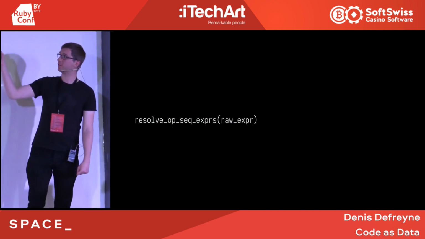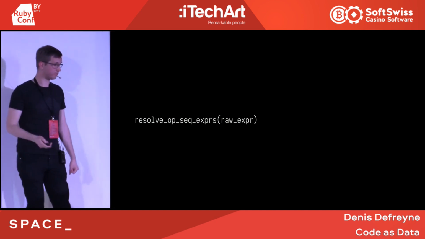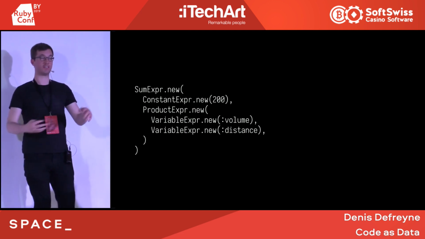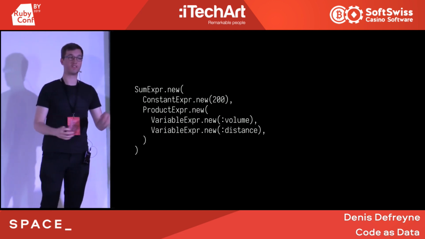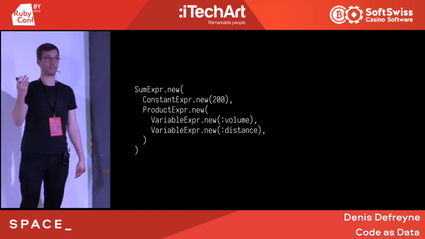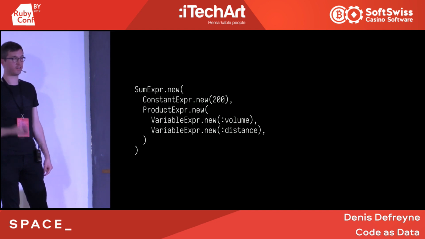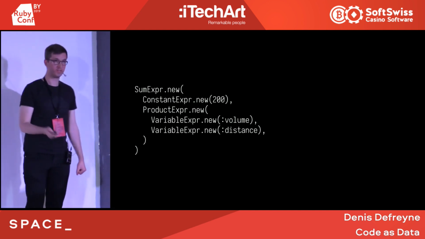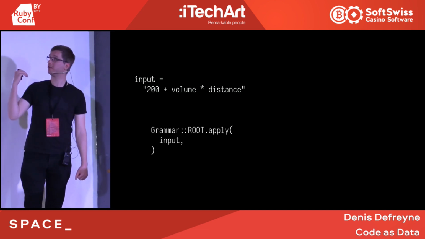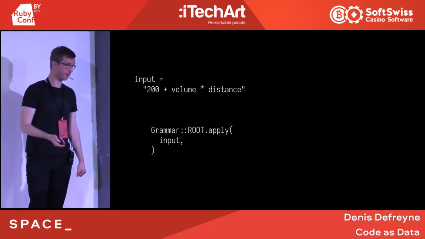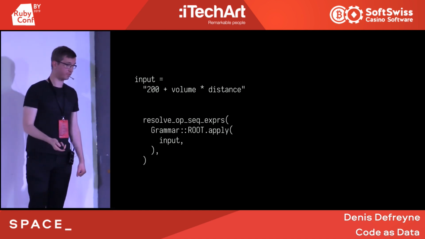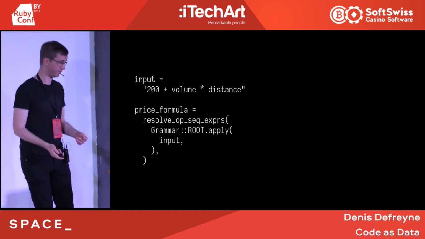So once you take that raw expression, you pass it to resolve operator sequence expressions, which will finally get rid of this operator sequence expression bits, and then you'll finally have the proper formula with variable expressions, constant expressions, sum expressions, and product expressions. So let's take a look at the input again. This is my string. I can finally apply the root of my grammar to that string, resolve all my operator sequence expressions, and then finally I get the actual pricing formula out of it.